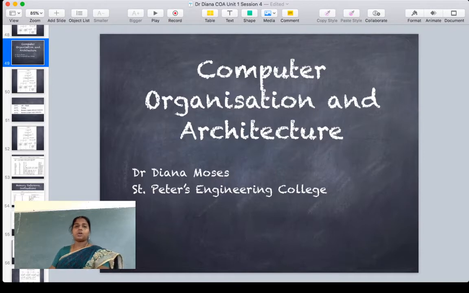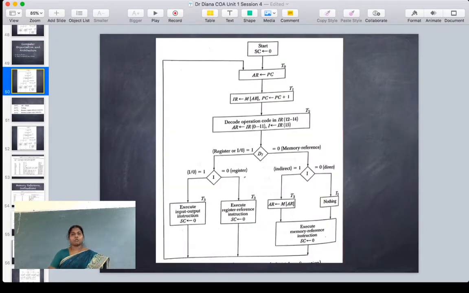And we saw what happens during execution of an instruction. And we saw that from time cycle T0 to T2, it is going to be the same for all three types of instructions: the memory reference, the register reference, and the IO instruction.